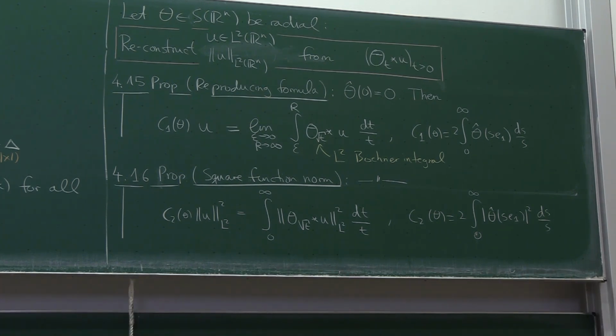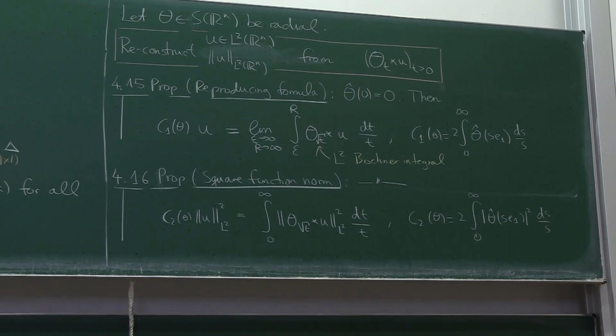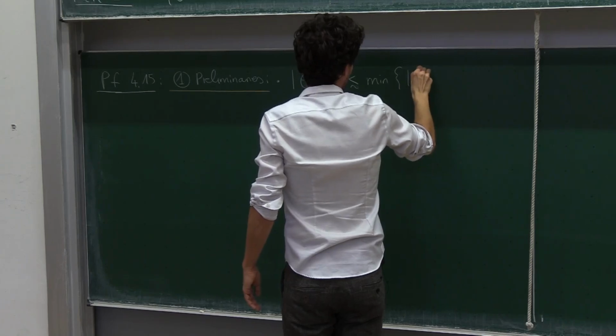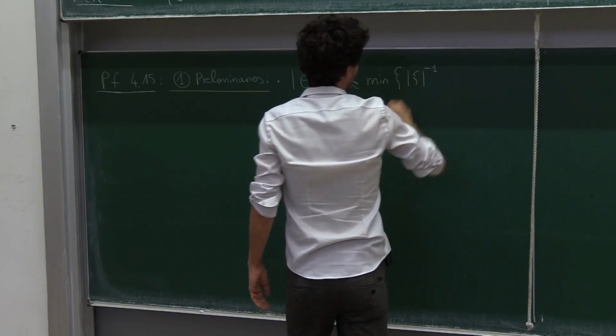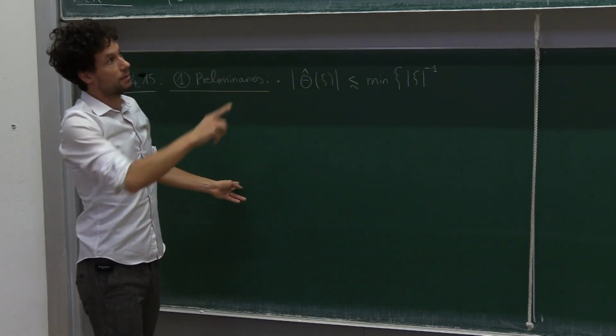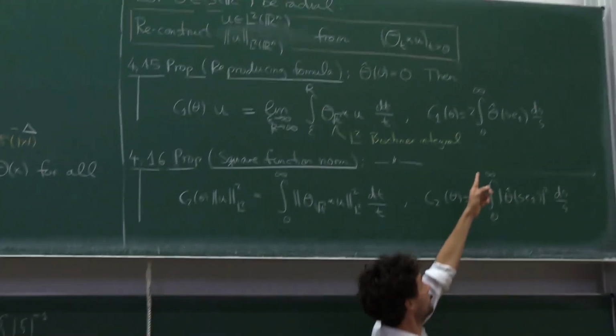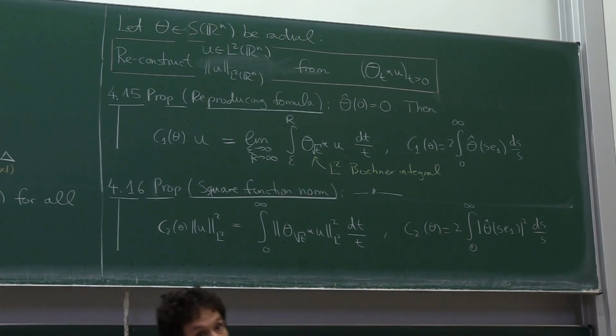Just to say that theta hat is bounded by a constant times, say, xi to the minus 1, this would give you a decay of 1 over s for the function that you're integrating, and then 1 over s squared. You can integrate when s is large.